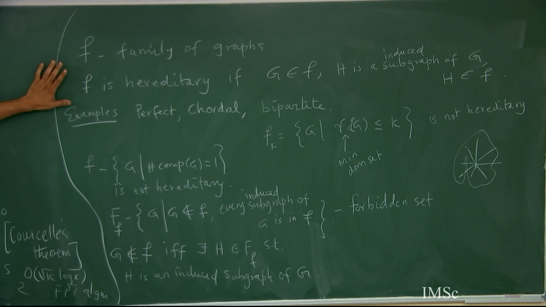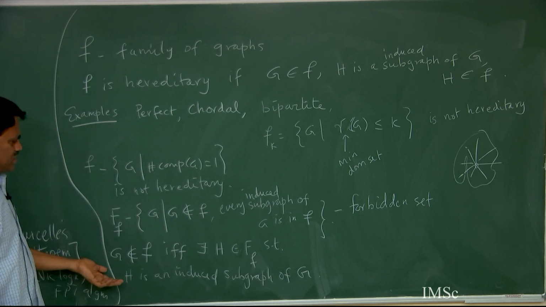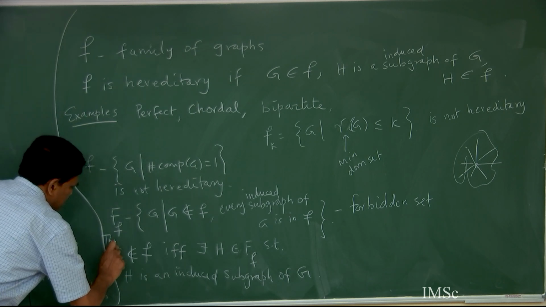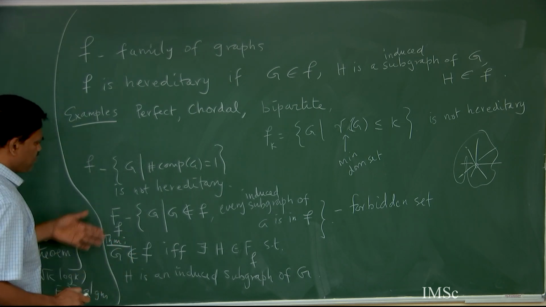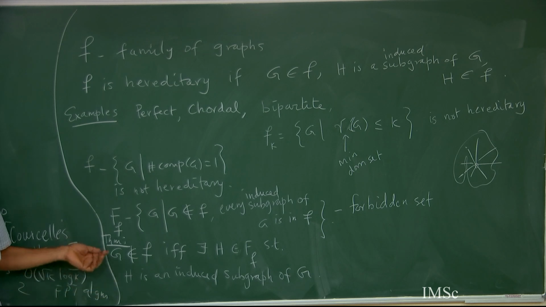One direction is easy, right? This is a nice little theorem, and I've defined the forbidden set in a way that this theorem is true, more or less.